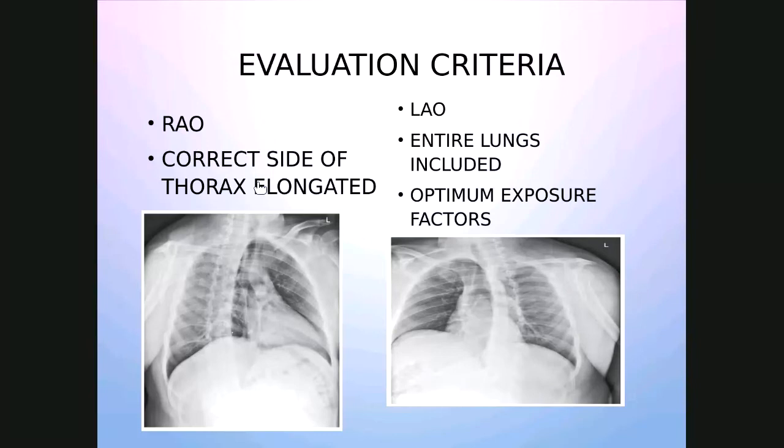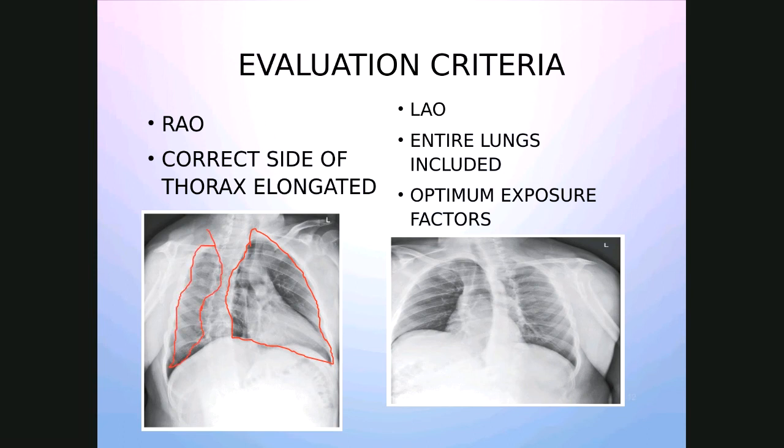So on an RAO, you're demonstrating the left lung better. See, if I was to outline for you the left lung, you're talking about all of this. Okay, versus the right lung, you can pretty much make out right there.